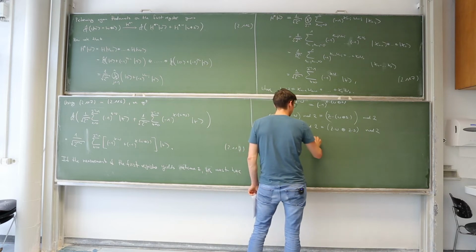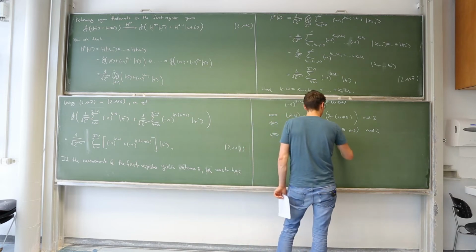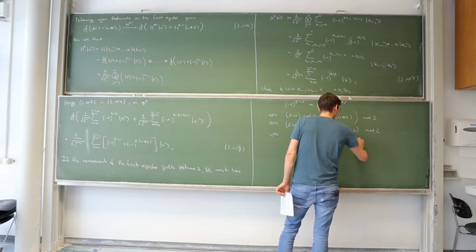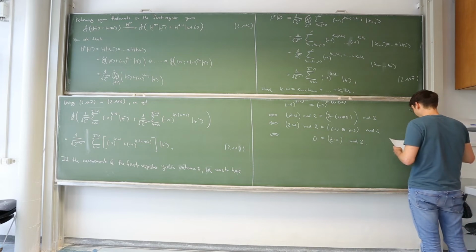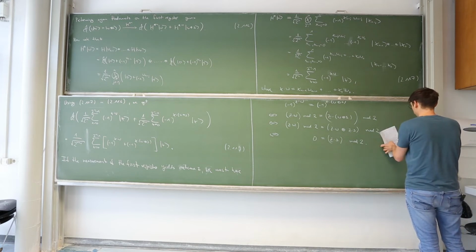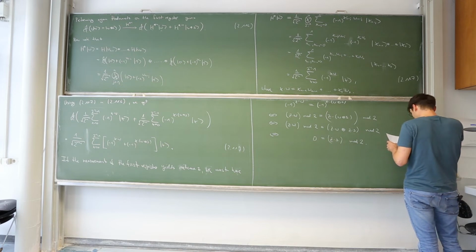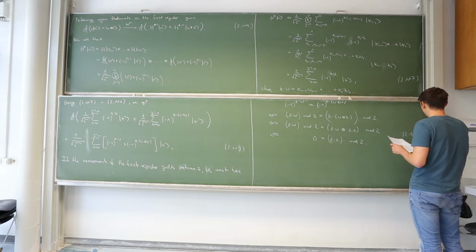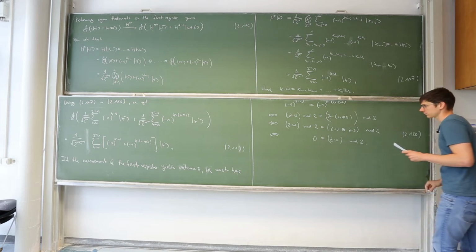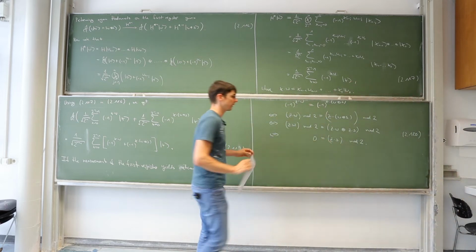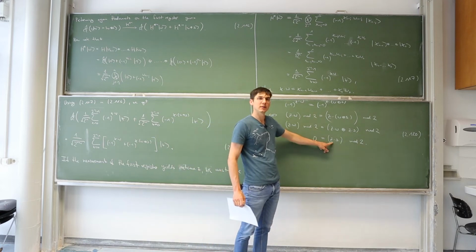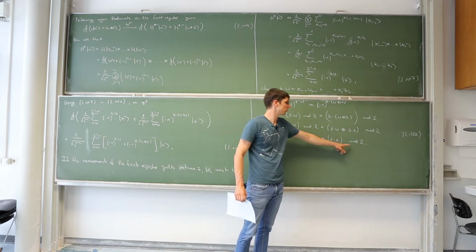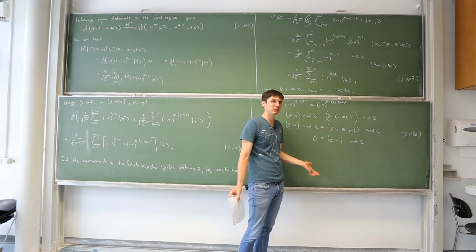So this leaves us with z times s modulo 2 is equal to 0. It's 120. Okay, so what we found now is we found a z such that z times s modulo 2 is equal to 0. That's what we got. Okay?